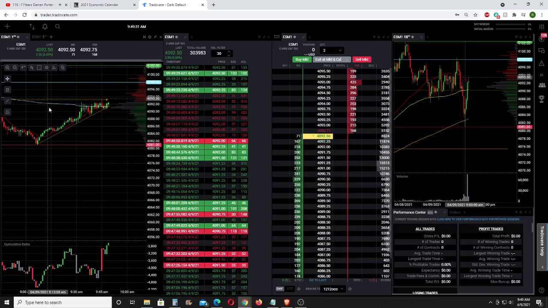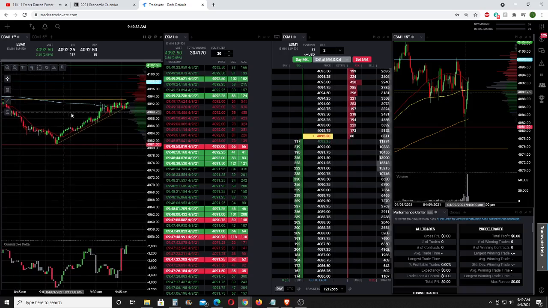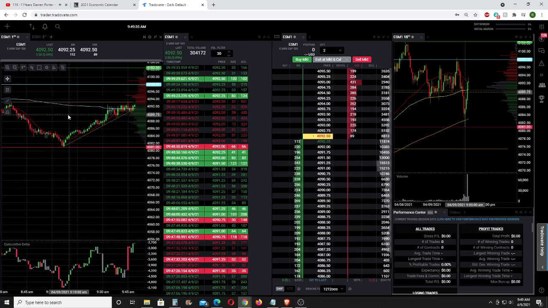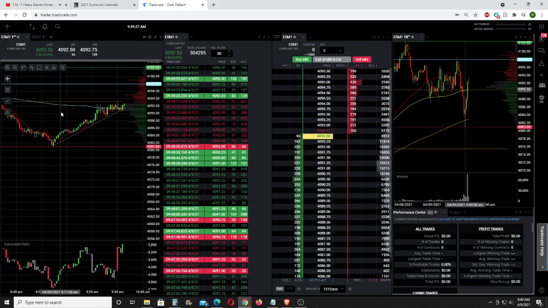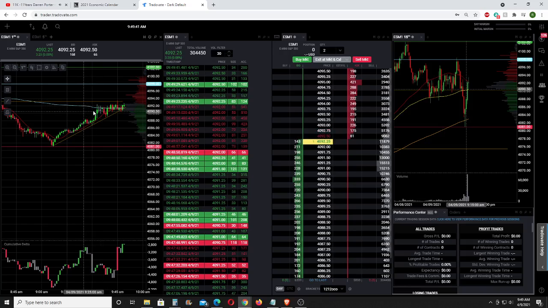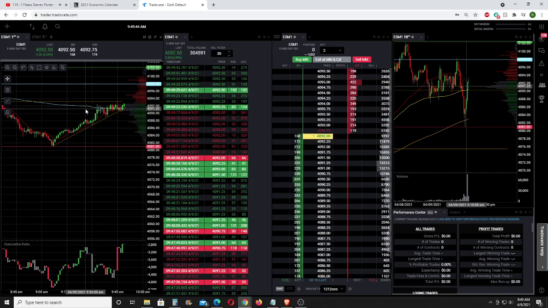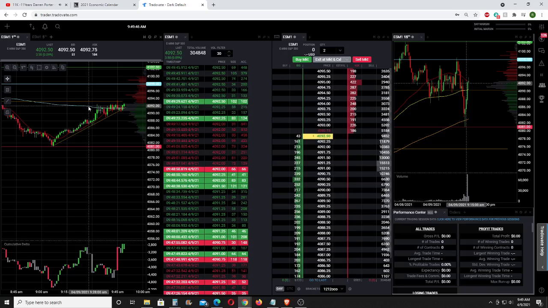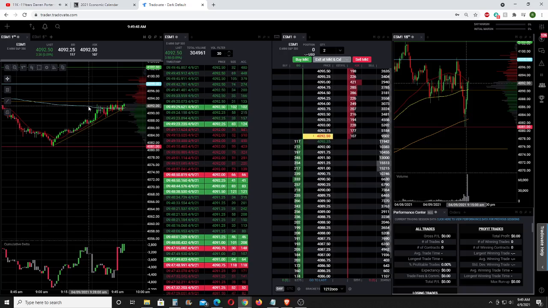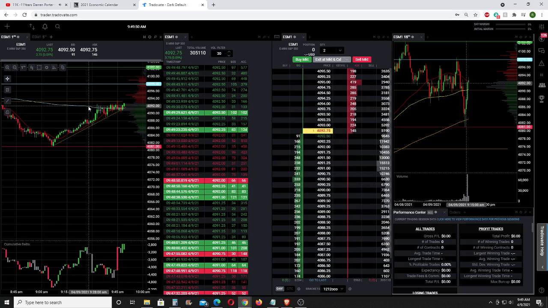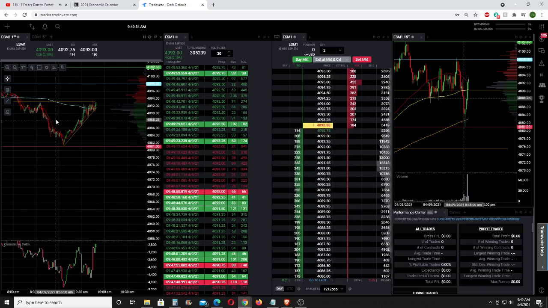This is really bullish now. Really bullish. To trade or not to trade, that is the question. It looks so bullish. Look at this.